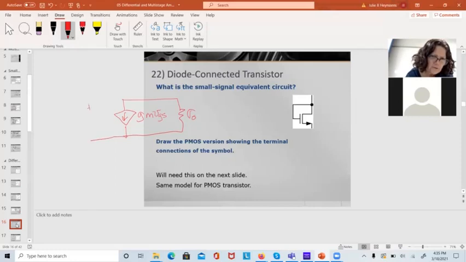I've got some voltage here. This is my source, this is my gate, and this is my drain. So what have I done to this? I've connected the gate to the drain. There is my diode strap right there.